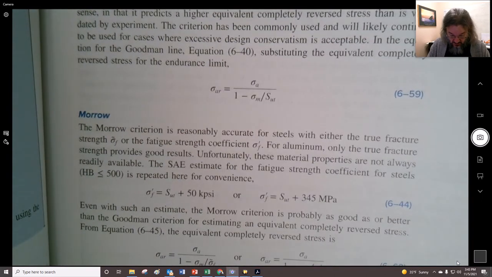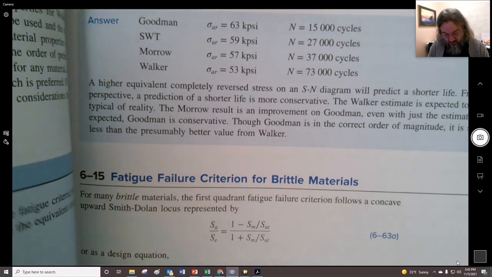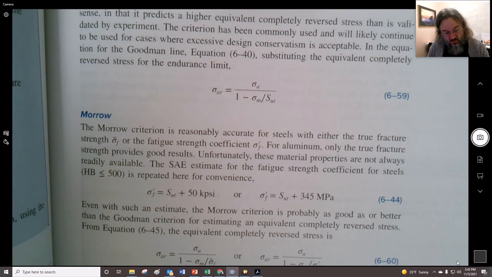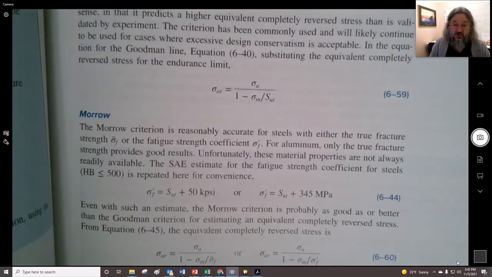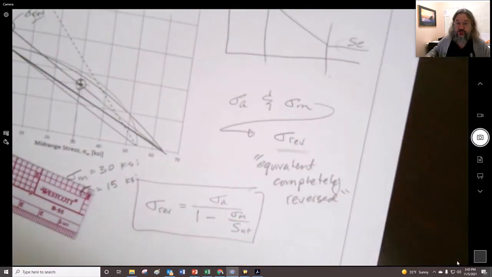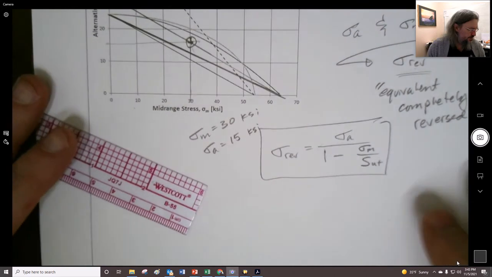And there's also a Gerber one that they do, right? There was also a Gerber one, and I don't see it in here, but that's another means of them trying to predict life. I need to reread through this latest edition.